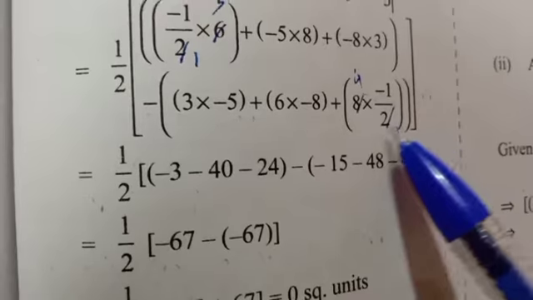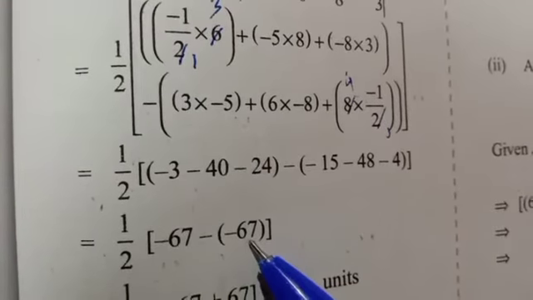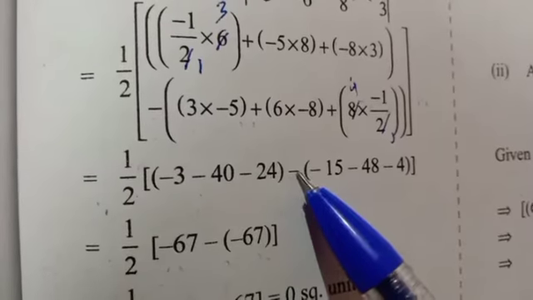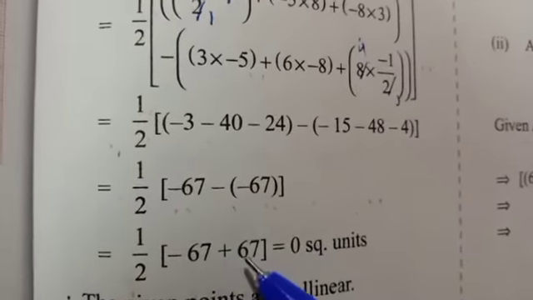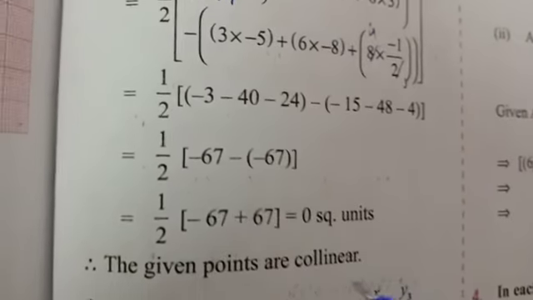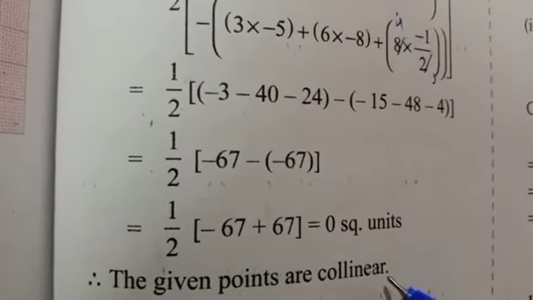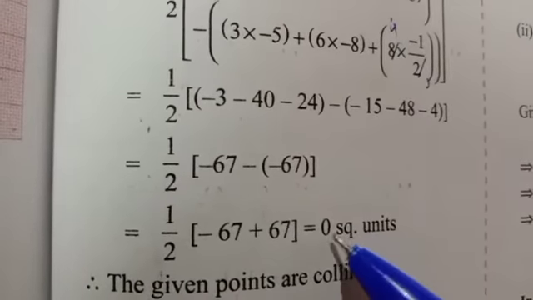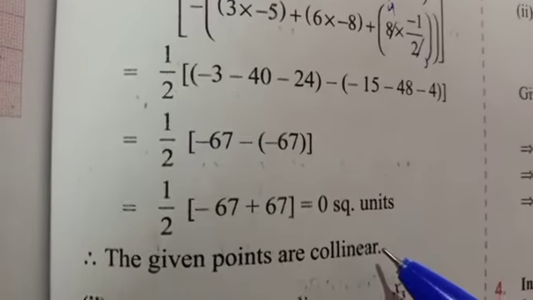Minus of minus 67, using the minus in the formula, so minus 67 plus 67 is equal to 0 square units. So we conclude that the given points are collinear. Here the area of the triangle is equal to 0, so the given points are collinear.